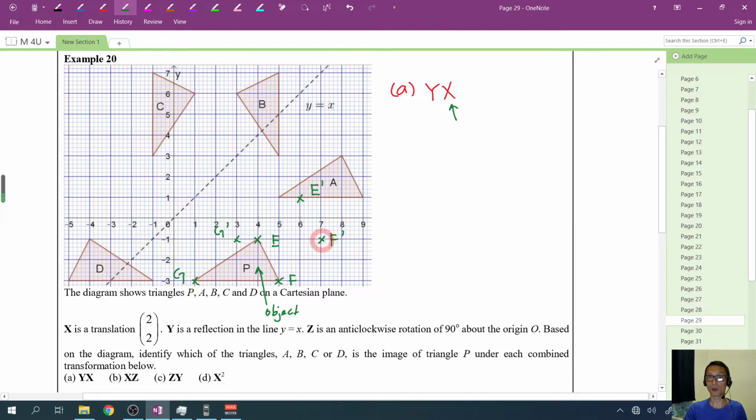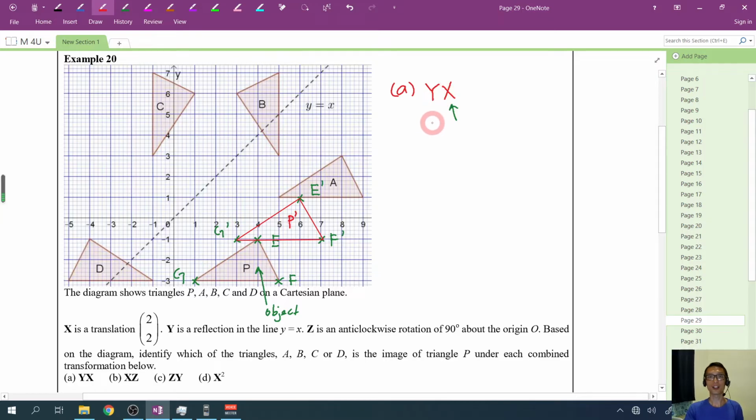So here we have to move 4 units to our left-hand side also. 1, 2, 3, 4. You will get exactly the same position. Next, let me connect all these points together first. So this is P prime, the image of this object under the transformation X.